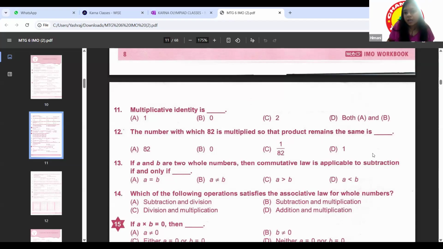Commutative law is applicable to subtraction. What is commutative law? Ma'am, commutative law is not applicable. So in general, it is not applicable, right? Yes, ma'am. So for which special case can it be applicable?